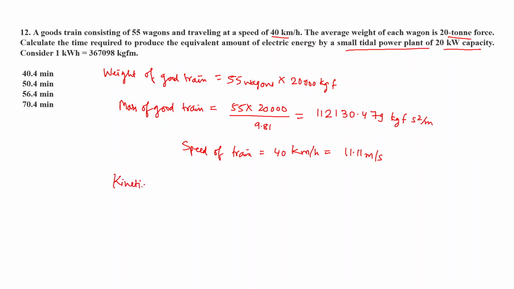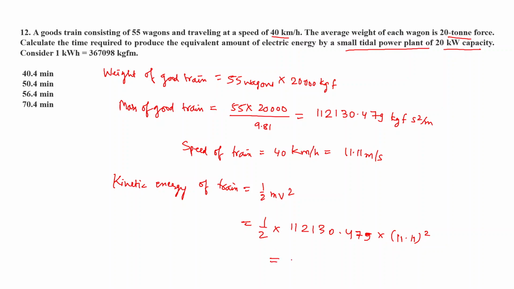So now the kinetic energy stored in the train. As the train is moving, the kinetic energy stored in the train is half mv square, which will be half into the mass we have calculated here, 112130.479, into 11.11 square, which will give 6920250.248.